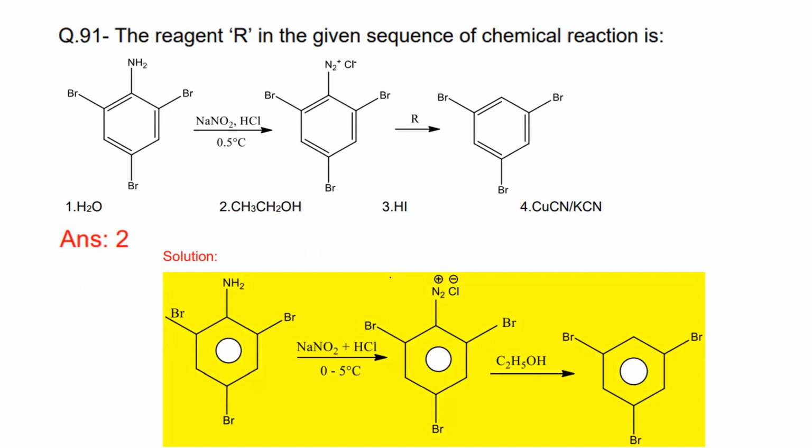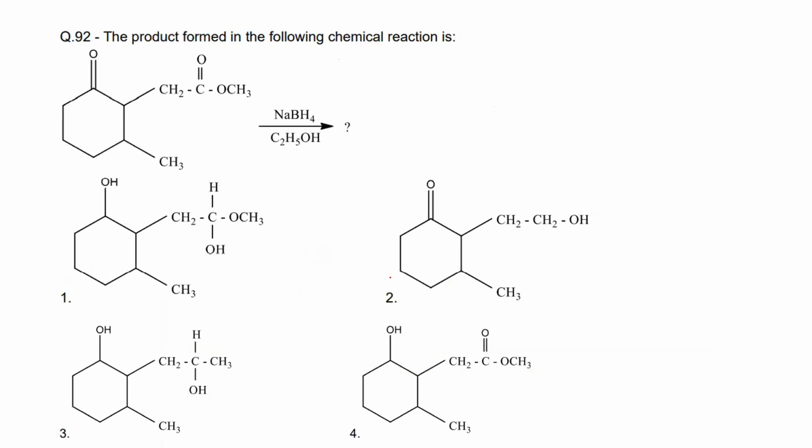Question number 92 we'll see now. And here is the 92nd question. The product formed in the following chemical reaction is sodium borohydride. That will affect only the keto group. Okay, it cannot reduce the ester group anywhere. Okay, so only the keto group will get reduced to OH, right?